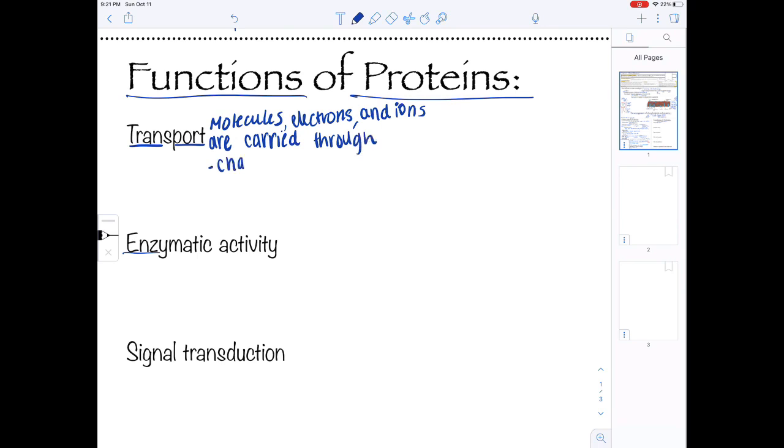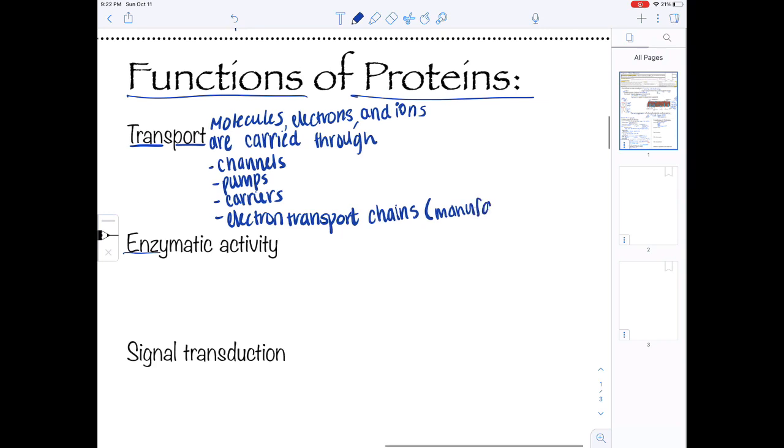These transport proteins are really helping to carry those molecules, electrons, and ions through either channels, pumps, carriers, or even through the electron transport chain, which, as we remember, was our component that manufactures ATP.